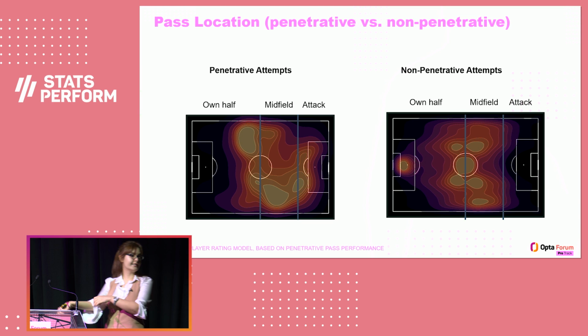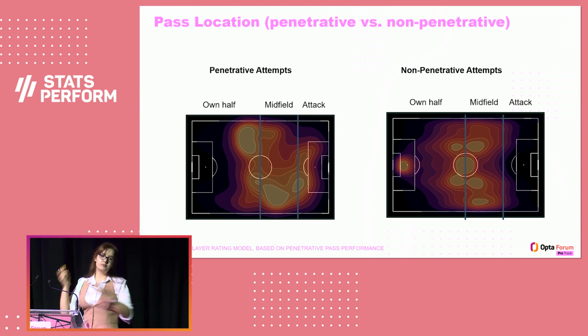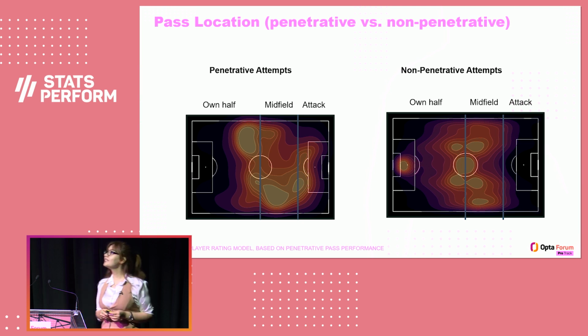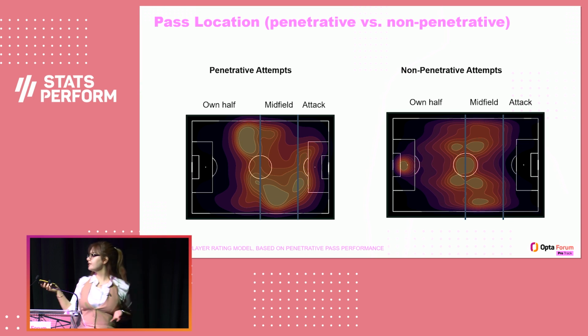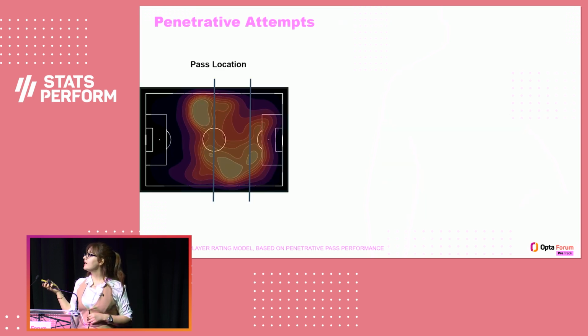There are not many in the attack phase. That was the data that we got from the league that we analyzed, and it should be similar for the other leagues as well. On the other side, non-penetrative attempts, on the right side, are more distributed. They could be around the midfield or even in the attacking phase or the own half or any part.